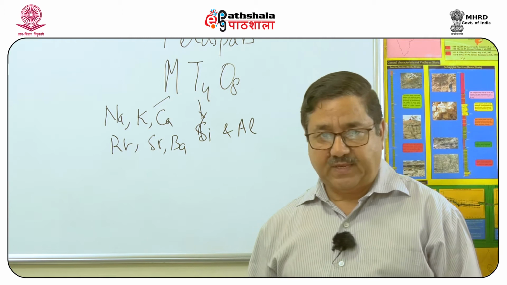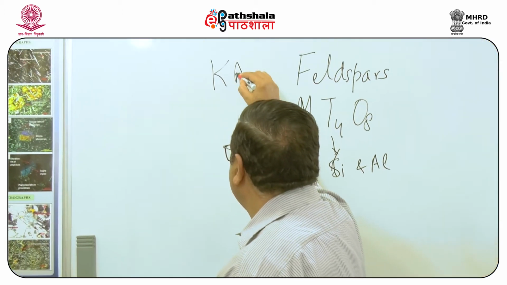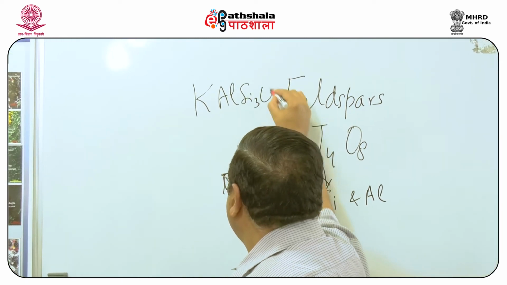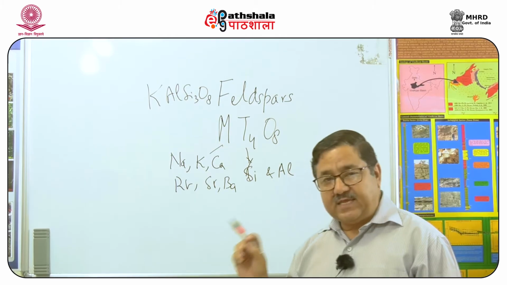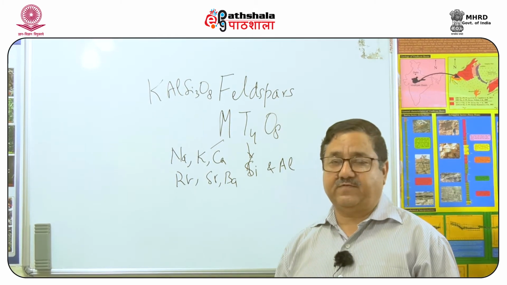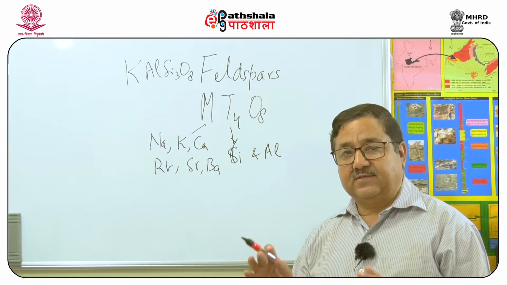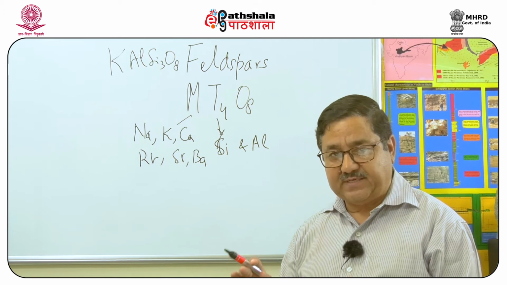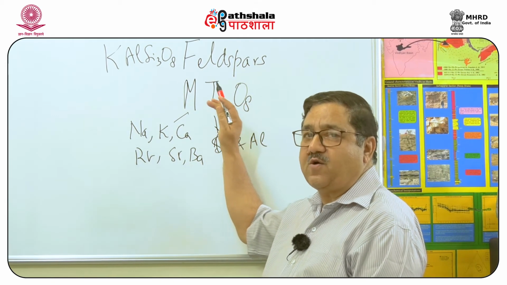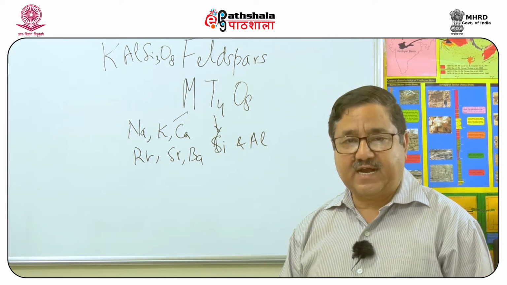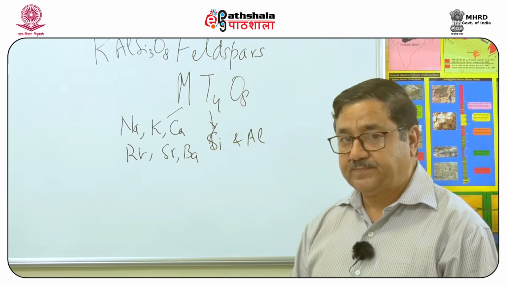For example, if we look at this feldspar, a potassium feldspar, the high temperature variant of this feldspar contains on an average randomly distributed 25% aluminum, which can be there on any of these tetrahedral sites, and on an average 50% silicon.